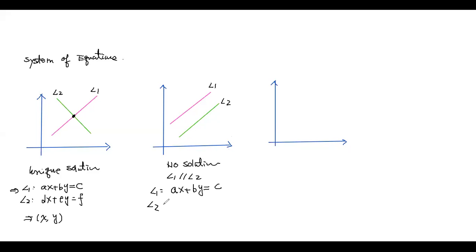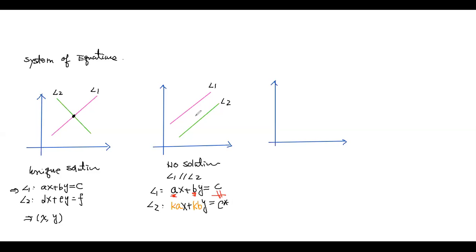That means the coefficients in front of x and y are only going to differ by a constant. So line 2 will be kax plus kby equal to some different c star, and here c is not equal to c star.